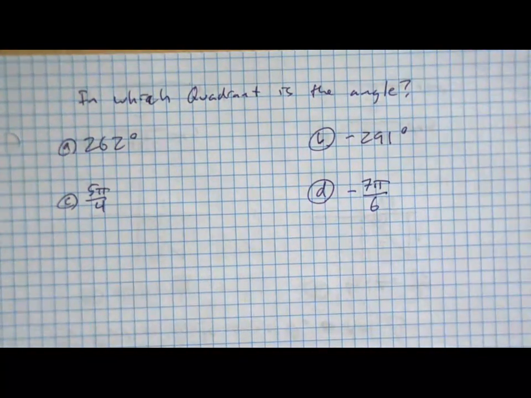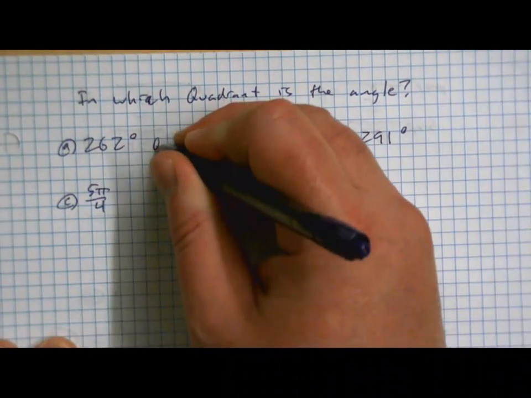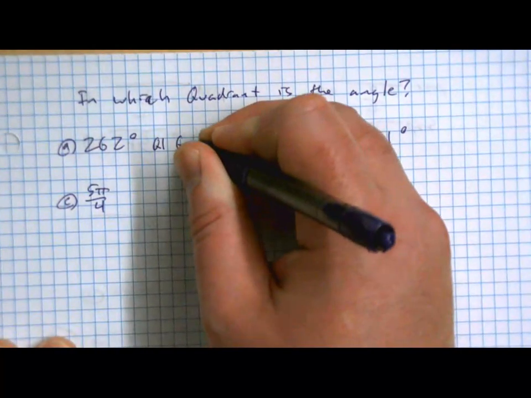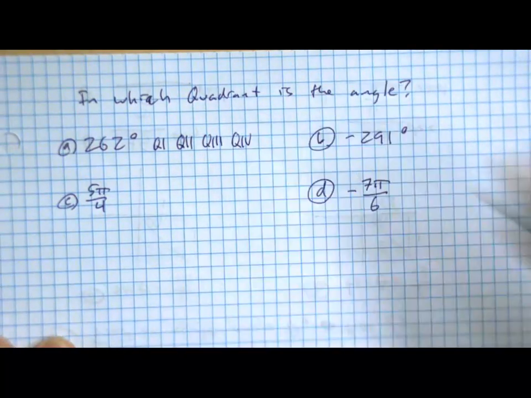So you just have to tell me what quadrant the angle's in. On the actual tests, it will say quadrant 1, quadrant 2, quadrant 3, and quadrant 4, and you just have to circle it.